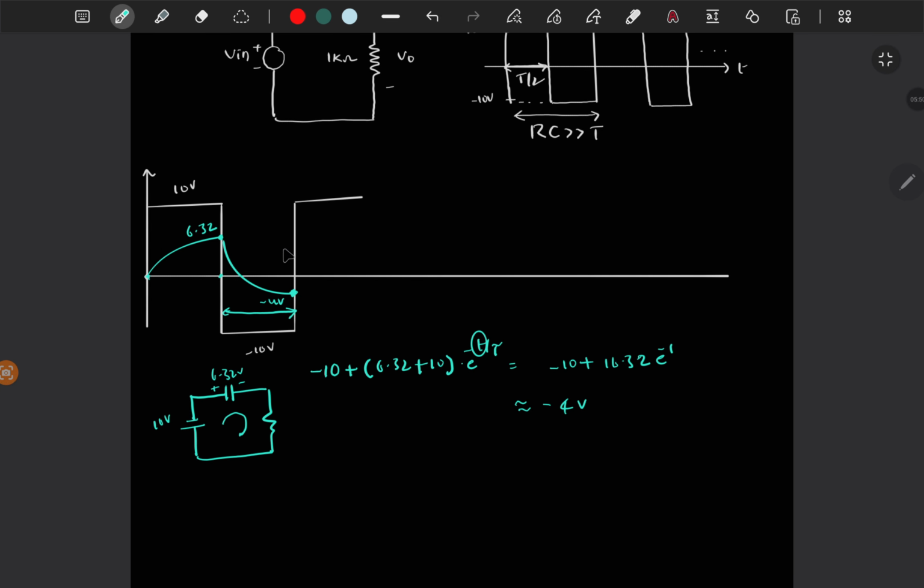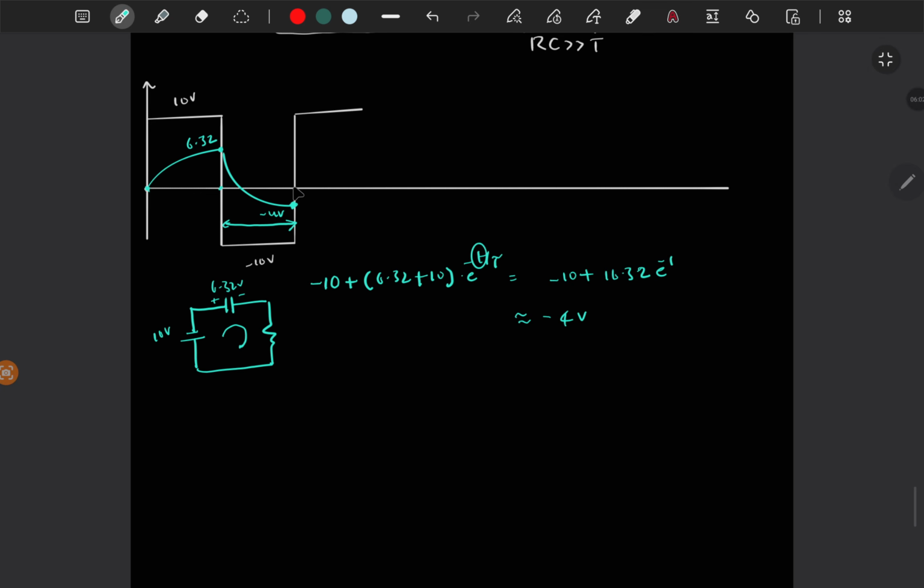Now again, will it reach 6.32 volt? Definitely not, because it will reach 6.32 only if the initial voltage is 0. But here the initial voltage is minus 4 volt, right? So at this point, the input voltage is changed to 10 volt, and we have the capacitor and resistor, and the capacitor starts charging in this direction now.